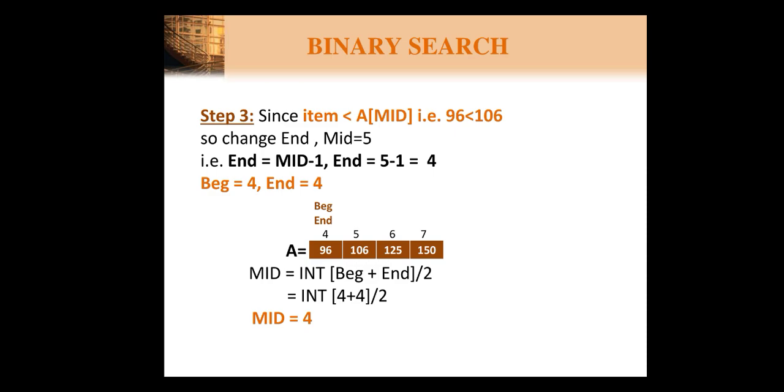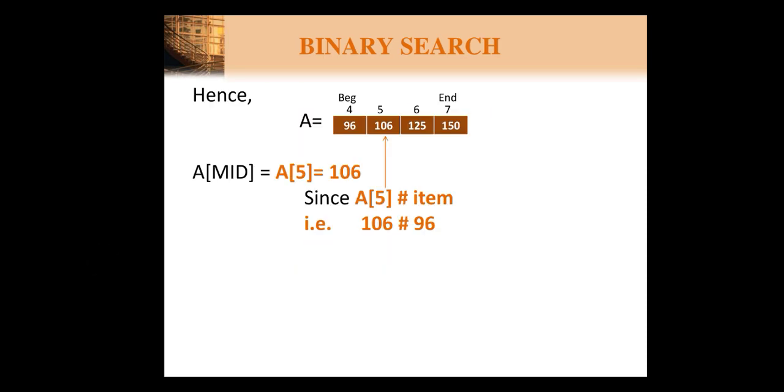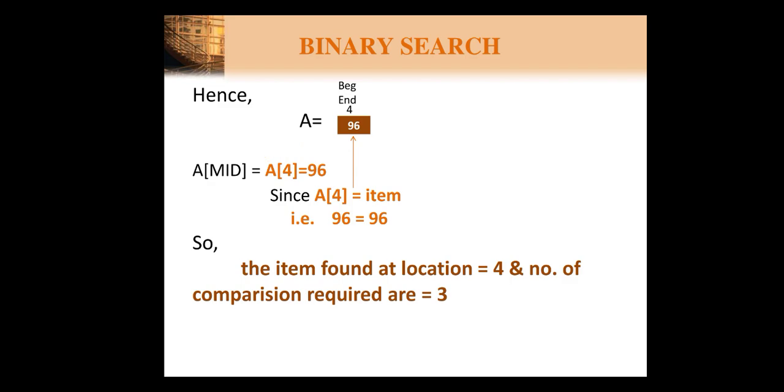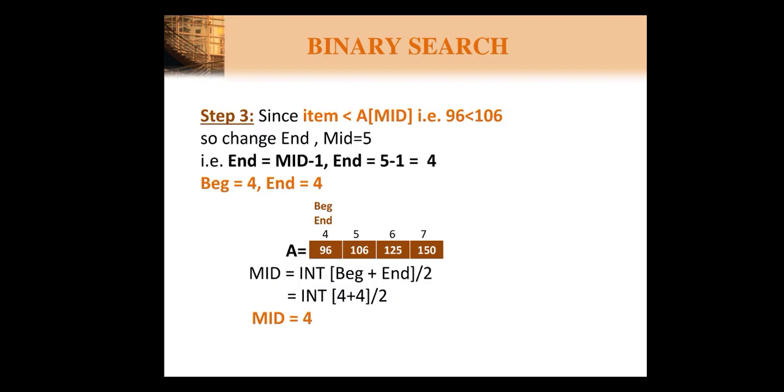So now, in the last step, our beginning is 4, and by calculating the end, our end is again 4. So beginning is equal to 4 and end is equal to 4. Now look here. This is the last step. Why the last step? Because beginning and end are both pointing to the same position. If the element is found, we say the element is found, but if it is not found, we say the element is not found.